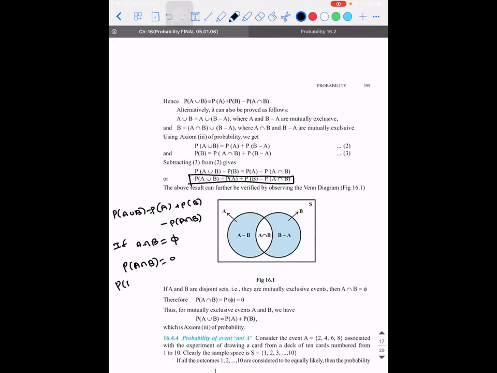In that scenario, probability of A union B will be equal to probability of A plus probability of B. So that's what the given says. For mutually exclusive events A and B, probability of A union B will be equal to probability of A plus probability of B.